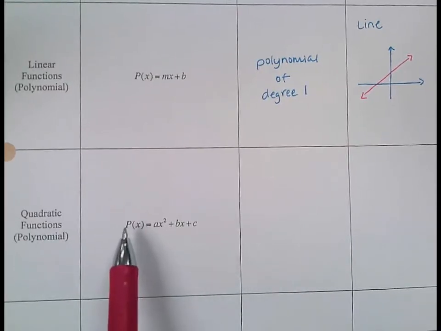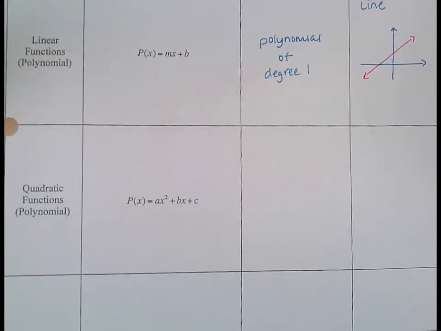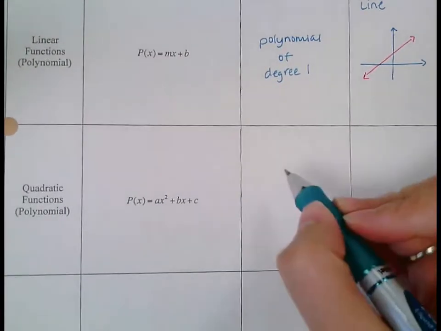So they have this general form, or this is one way, I guess, to express the general form. This would be the standard form, ax squared plus bx plus c. So this would be a polynomial of degree 2.